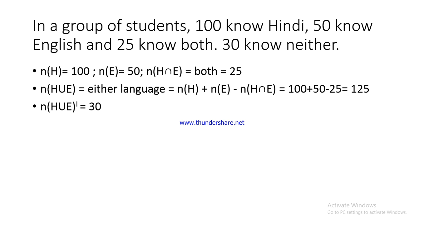So H union E complement means those students who speak neither Hindi nor English, and simply what you have to do now is you have to add the two up. A set when added to its complement will form the universal set, and that is what has been done here, and the universe will now have 155 students.